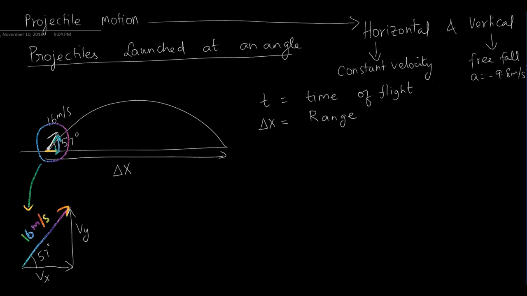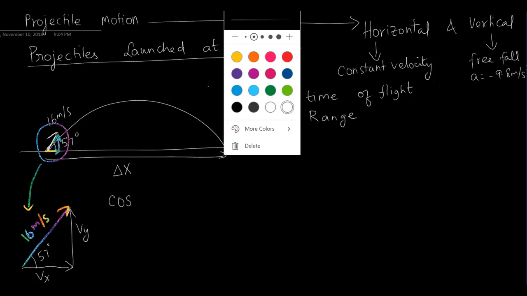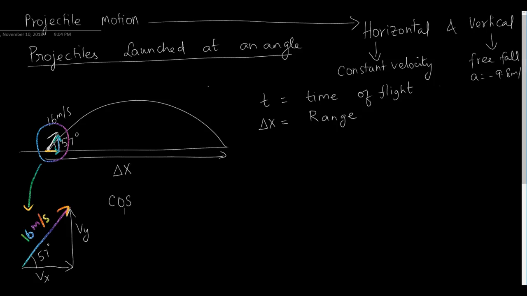We know that we can use the trig ratios. So let's say cosine 57.